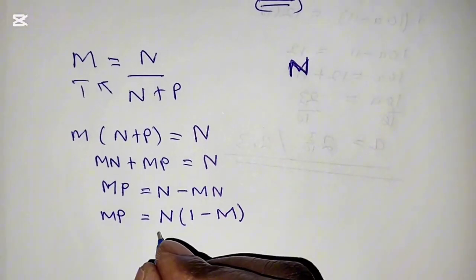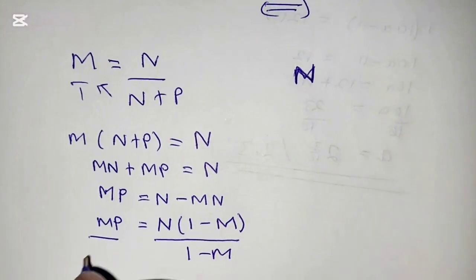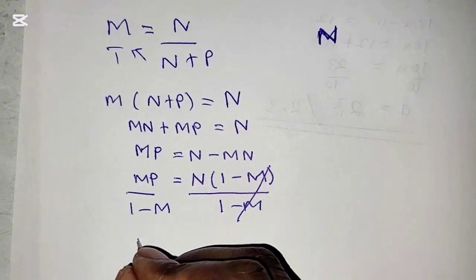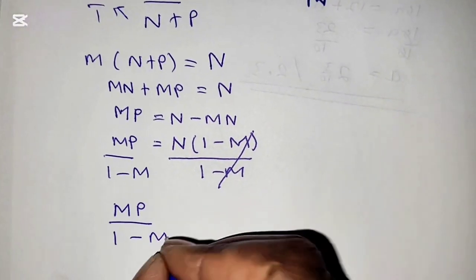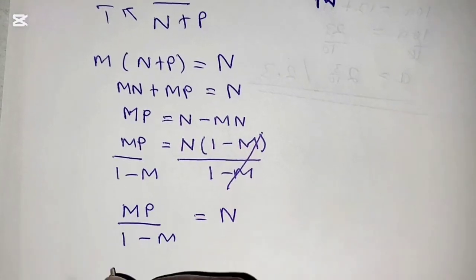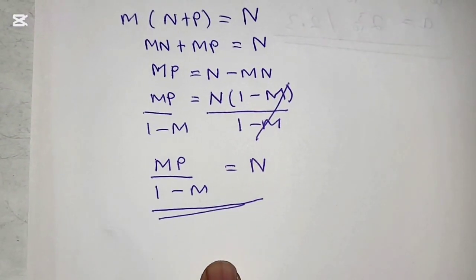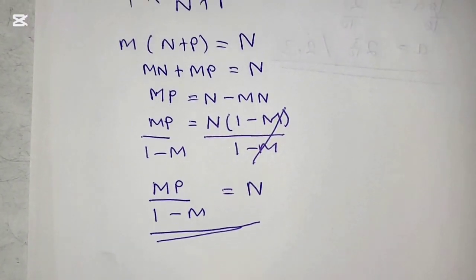So we want to find the n, so we divide by 1 minus m and by 1 minus m. Then we cancel here. So it's now mp over 1 minus m is equals to n. So we have made n the subject of the formula. Are we together? So that's another 3 marks.